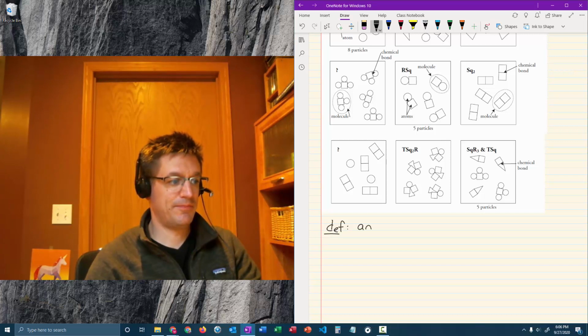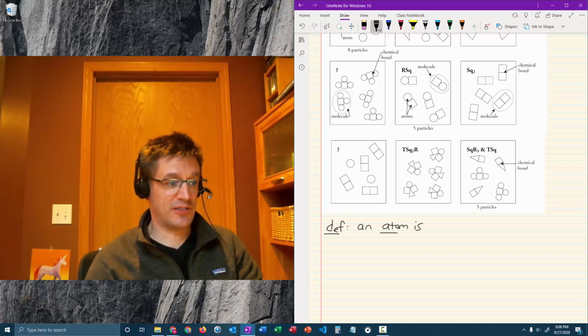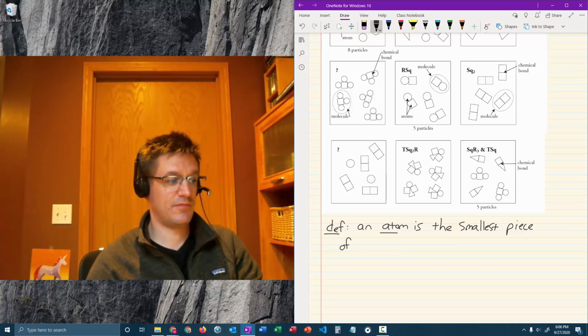An atom is the smallest particle of any element. In fact, I'm going to use the word piece instead of particle. Well, what's an element?